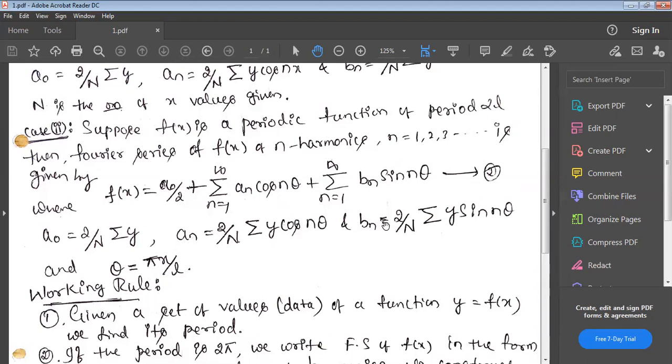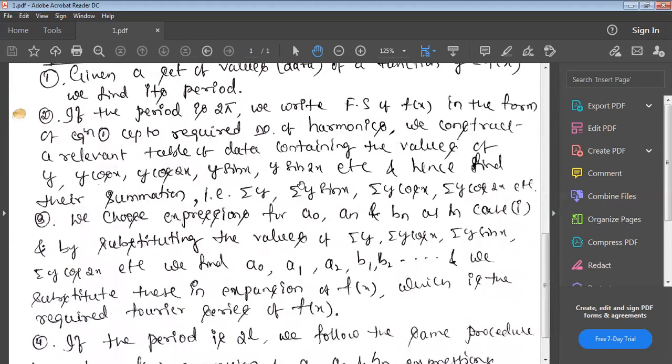You get the Fourier coefficients. Substitute back in equation 2, you get the Fourier series up to the given number of harmonics. So this is the working rule to solve a problem in harmonic analysis. It includes three major steps. The first step is identifying the period of the problem.